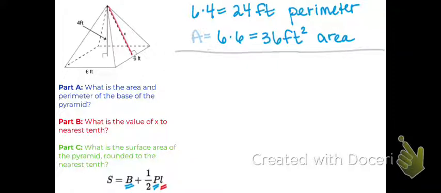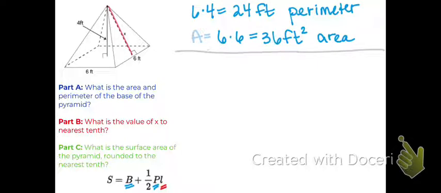For this one, we did this in a previous lesson. What we need to do is find a right triangle that we can make. So we can use the Pythagorean theorem and solve for one side's missing length. Do you see a triangle we can kind of pull out of this pyramid?